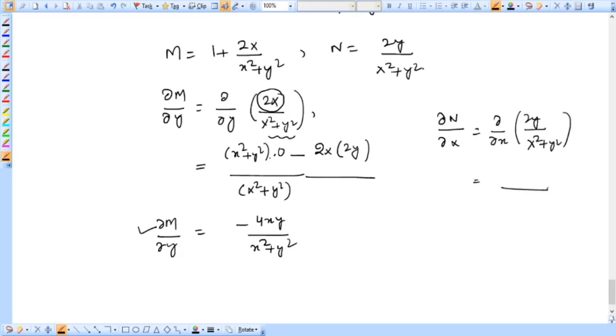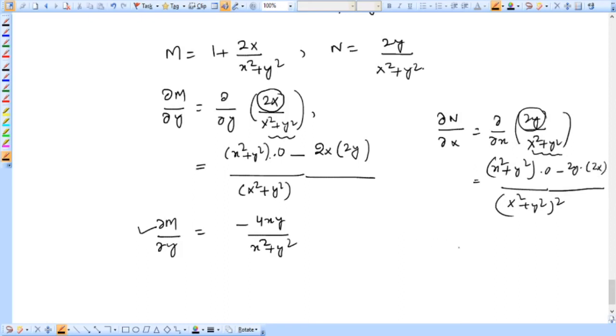Same here, squaring, it would be square of denominator as it is using quotient rule, right? And differentiation of this would be 0 because it is independent of x, and now 2y as it is differentiation of x square plus y square, which is equal to 2x.